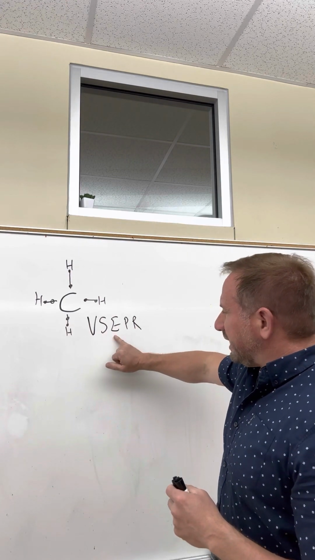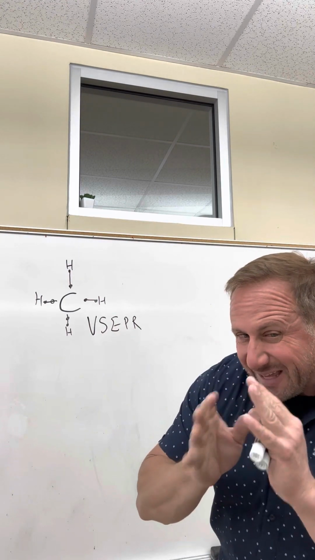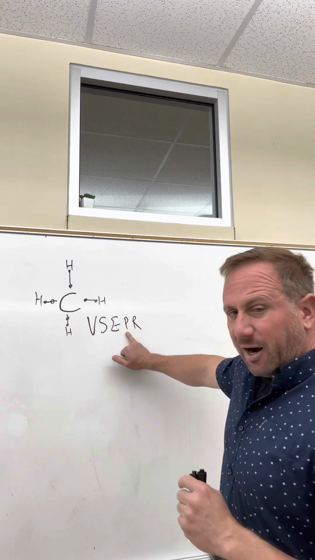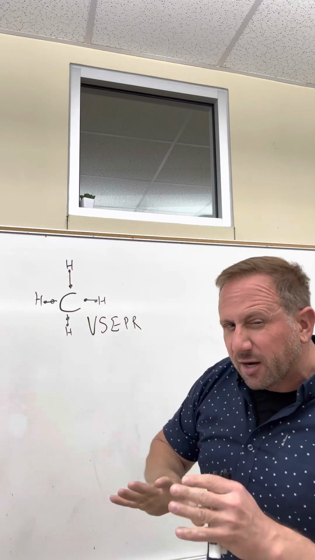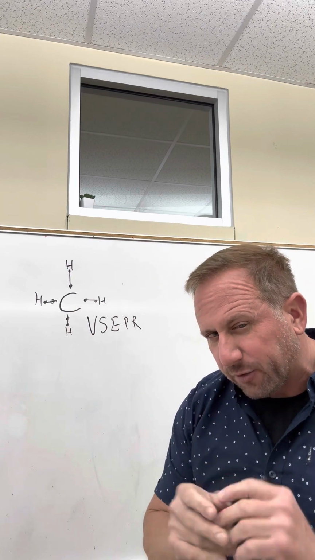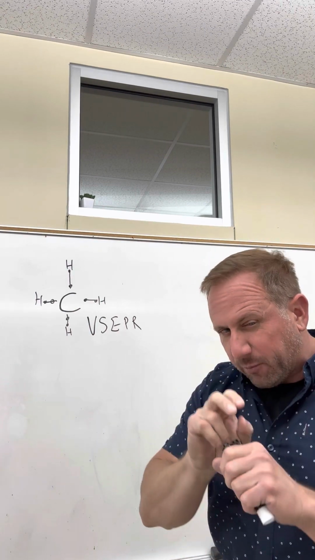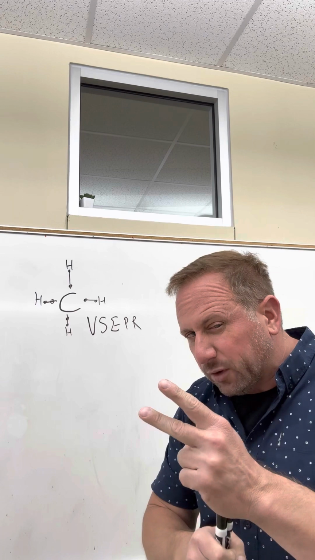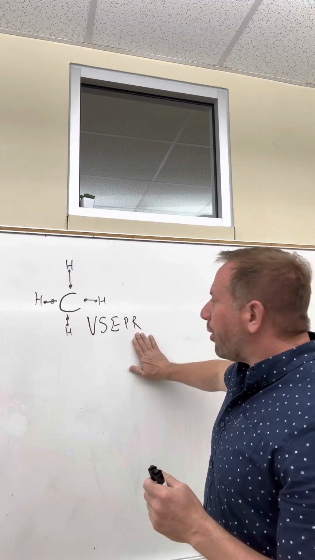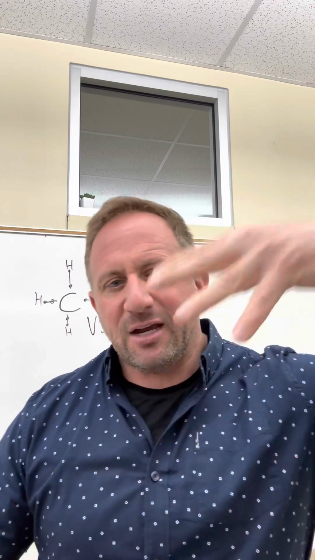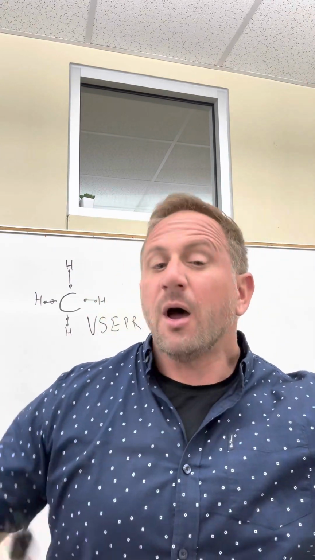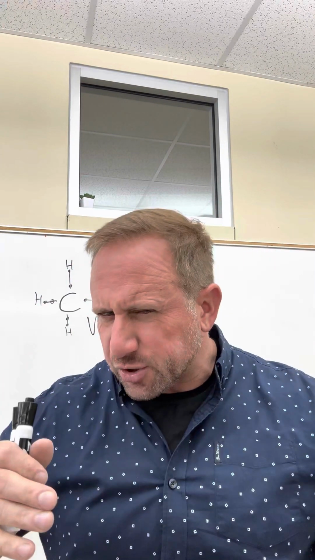Valence shell electrons are negatively charged. Pairs, there's pairs of them. And they might be shared, or they might be what we call a lone pair. So they're not being shared, but there's still a pair of them there. Remember, every orbital has 2 electrons. Repulsion. Remember electrostatic repulsions. Opposite charges attract, like charges repel.